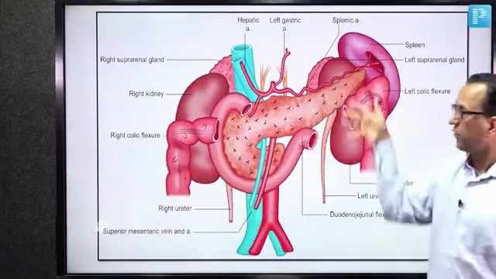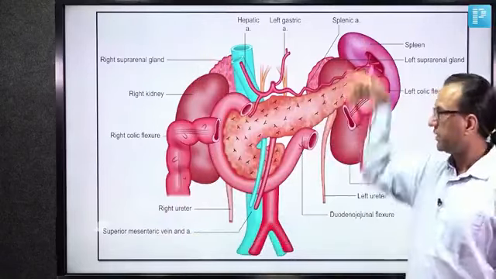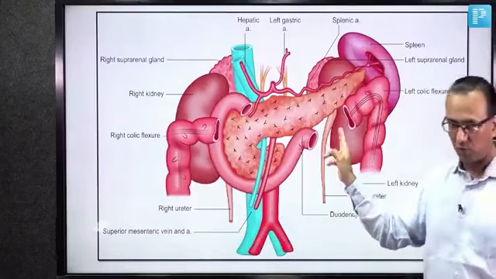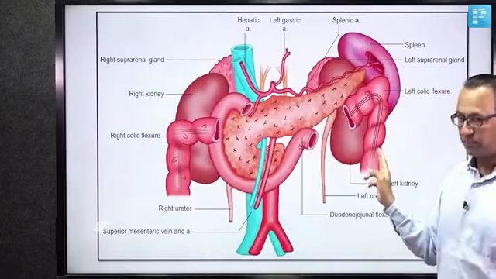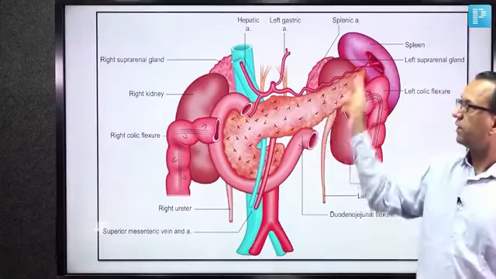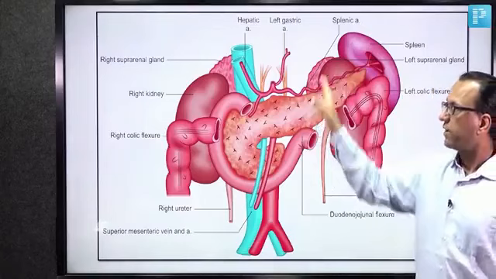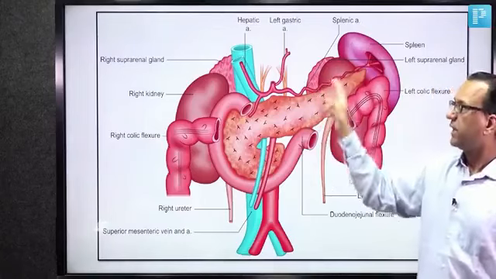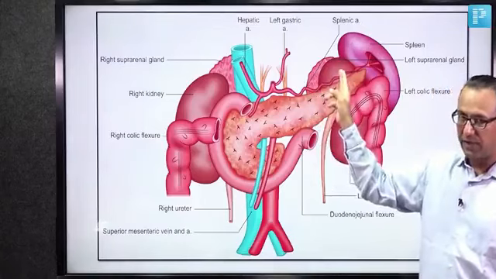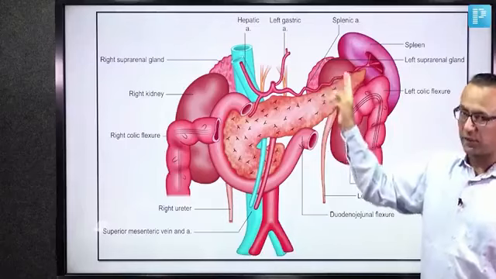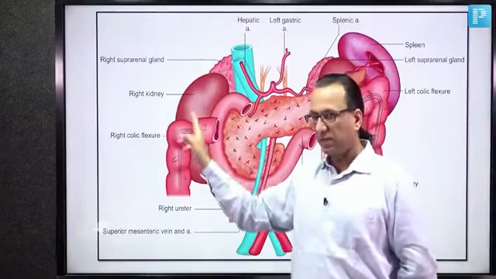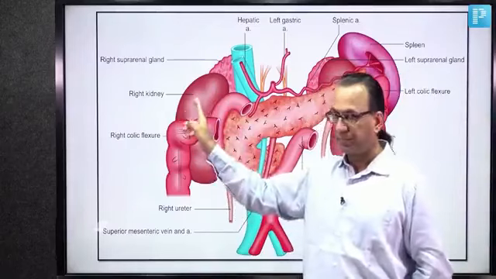As you come to the left kidney, you will find the left kidney is related with the splenic flexure of the colon or left colic flexure anteriorly. It is also related with the body of the pancreas anteriorly and the left adrenal gland anteriorly. This area is called the gastric area. The left kidney relates with the stomach and the right kidney relates with the liver, the hepatic area.